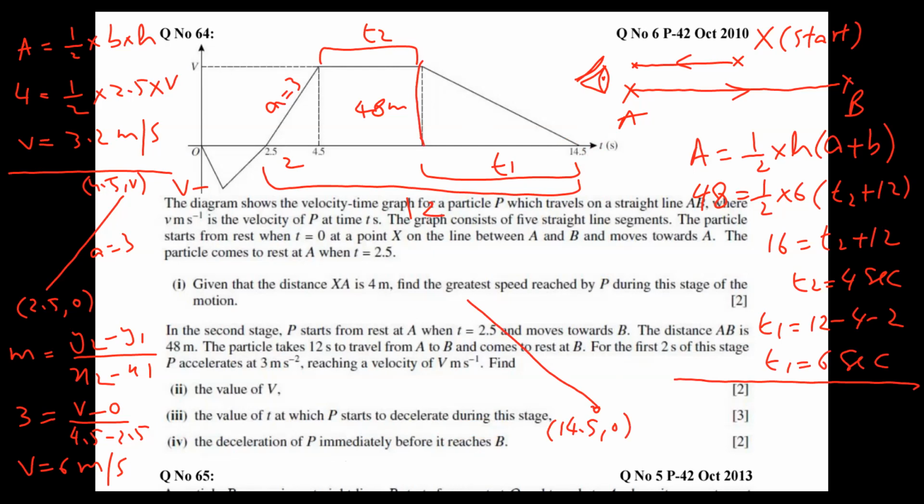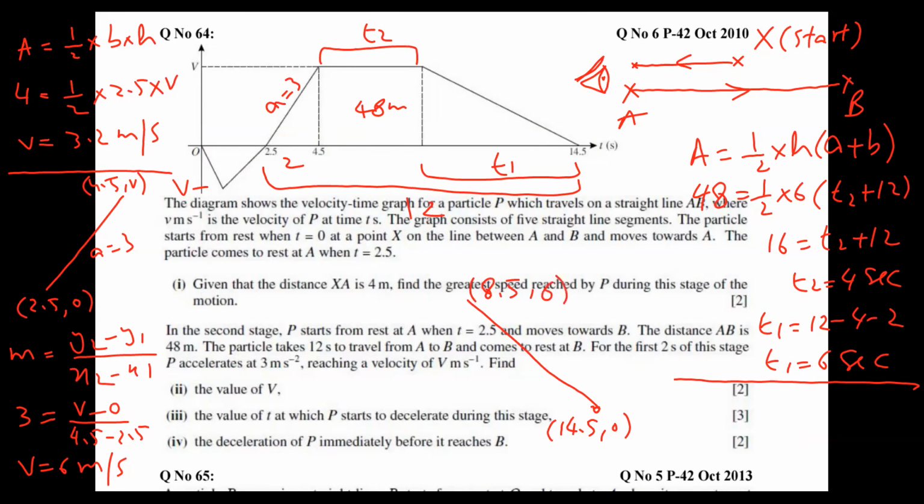Time I can get from here: this time is 4.5, and 4.5 plus t2, which is 4, becomes 8.5. So can I say the coordinate of this point X is 8.5? Yes. So 8.5 comma, velocity is 6.